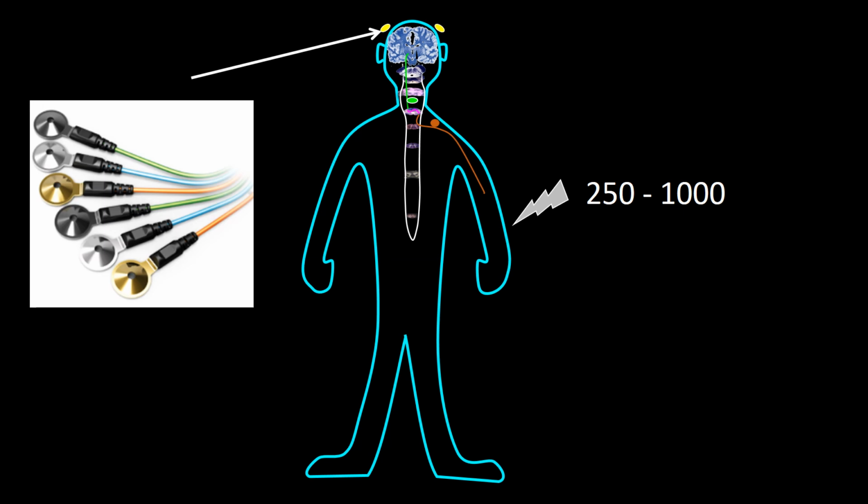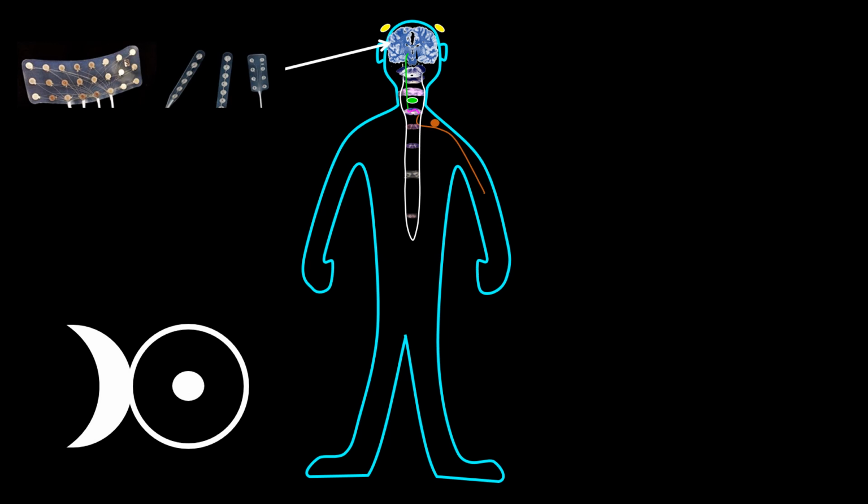It usually takes about 250 to 1000 repetitions, but if you have a good signal to noise ratio, fewer repetitions will do. Somatosensory evoked potential recorded from the cortical surface requires special platinum electrodes.